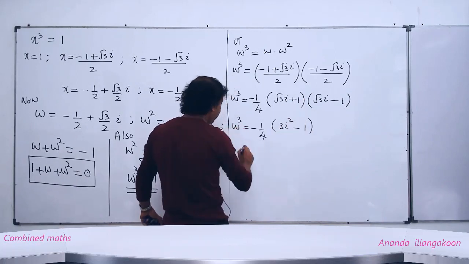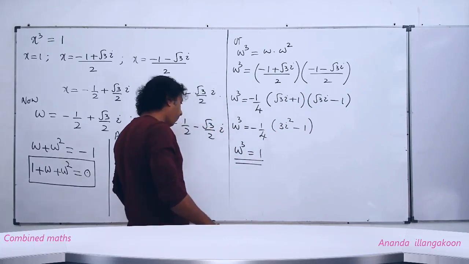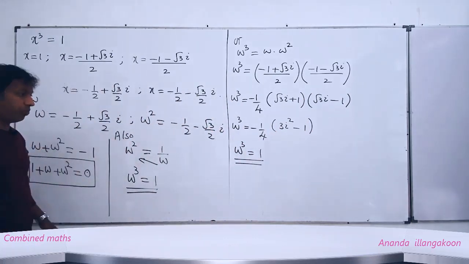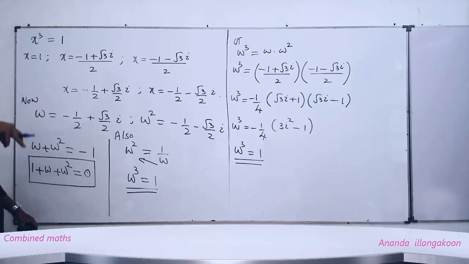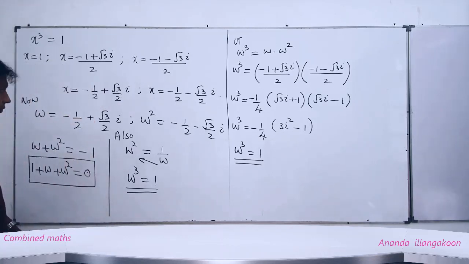Here minus 4, so omega cube is 1. That is another way to show this omega cube equals 1. Right.